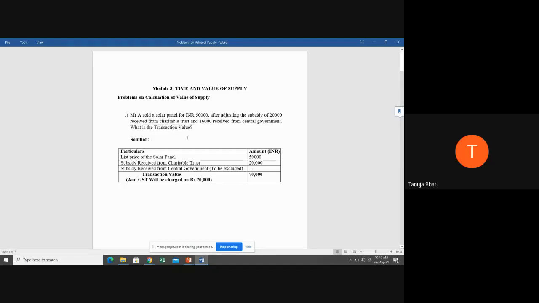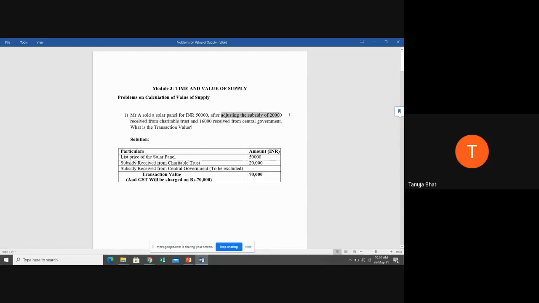Now, transaction value first is the price actually paid or payable. Let us see the solution. First is the price actually paid or payable, that is 50,000. Now, to this price, we add certain things and we deduct certain things. As per section 15, subsection 2, clause E, subsidies received from the central government or state government have to be excluded, but subsidies received from any person other than government have to be included.